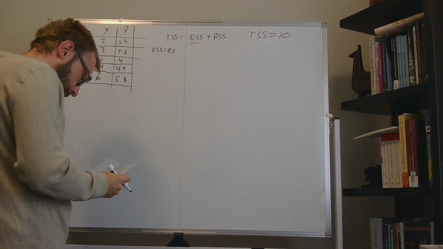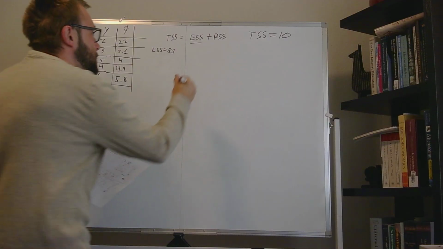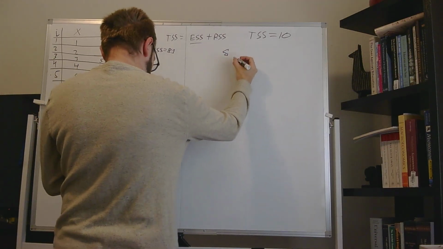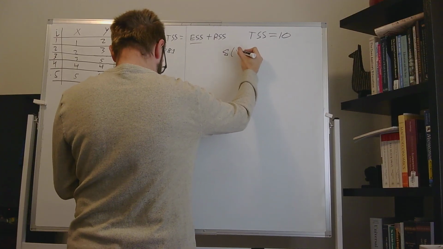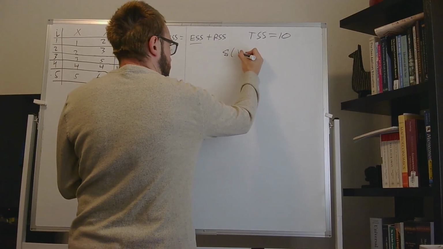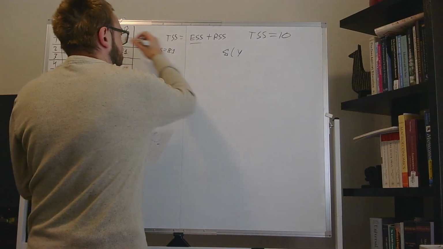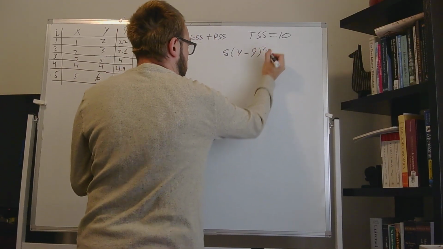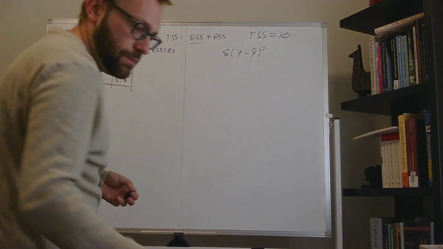So the residual sum of squares is going to be, the formula for that is y, just regular y's, minus y hats squared. And this should make sense.